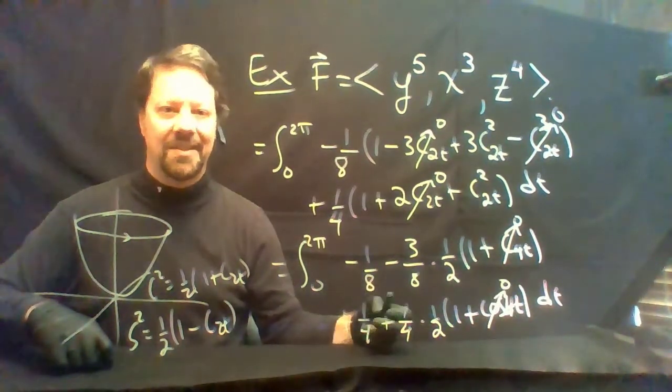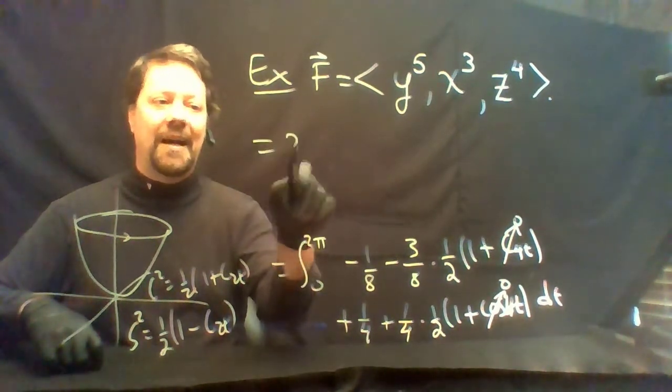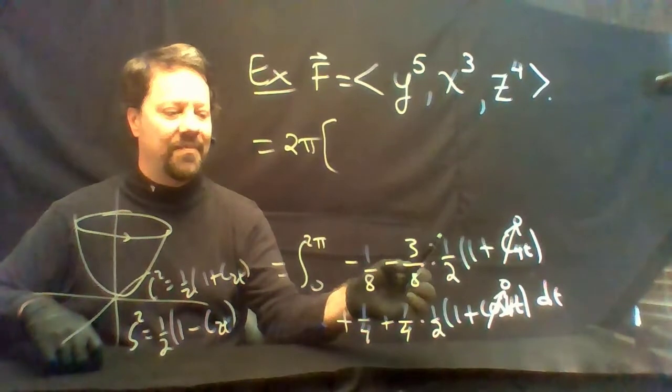Cosine 4t, of course, integrates to nothing. All that's left is constant, so we end up with 2 pi times whatever that constant is.